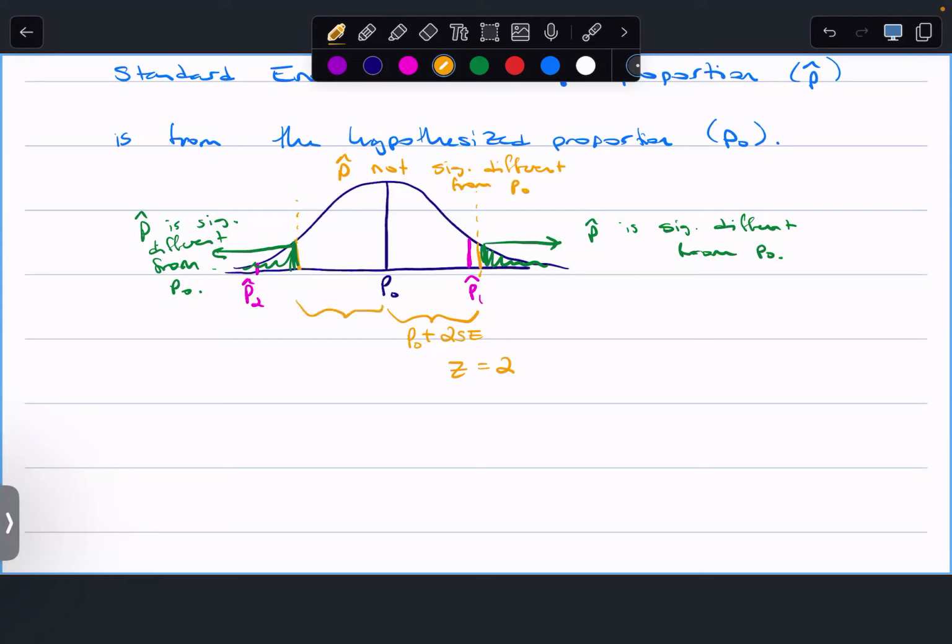Or down 2 standard errors, p naught minus 2 standard errors, which means that z is -2. So just as a quick guide, if it's more than 2 standard errors away, right, then what does that link to? 2 standard errors, 95%, right, from the 68, 95, 99.7 rule. So as long as you've passed 2 standard errors, so a z of plus or minus 2 in either direction, right, then it's likely that we're going to reject the null hypothesis.